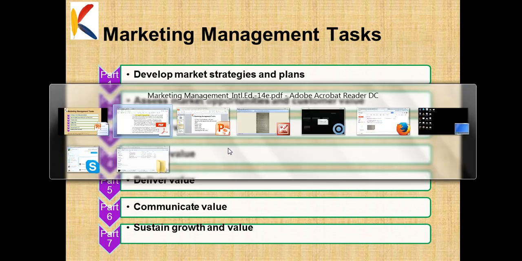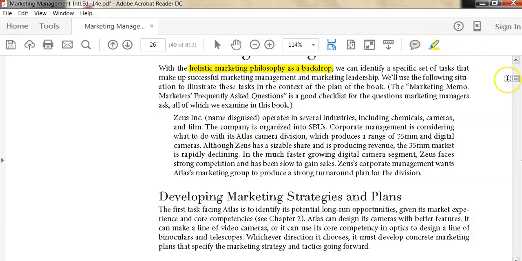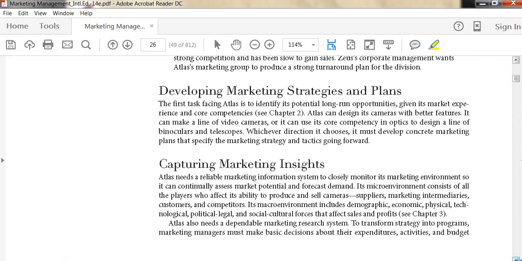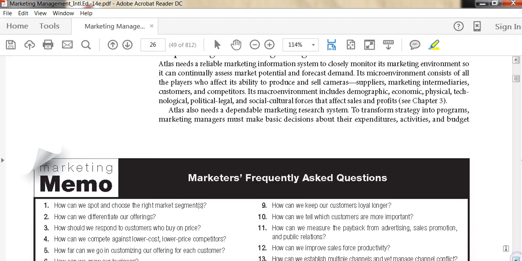If I go back to the book, you will see that we have to use our intelligence, a marketing information system, to find out what is happening in our environment.